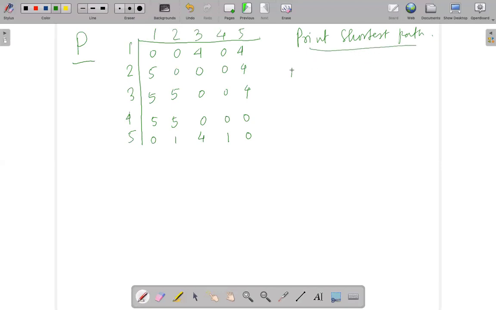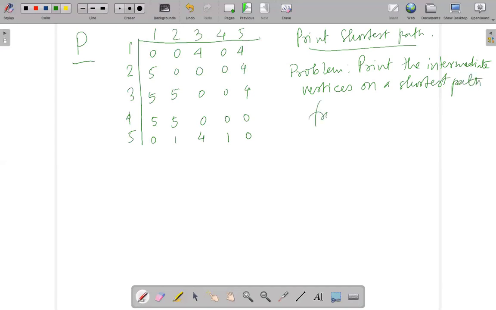More specifically, the problem is to print the intermediate vertices on a shortest path from one vertex to another.